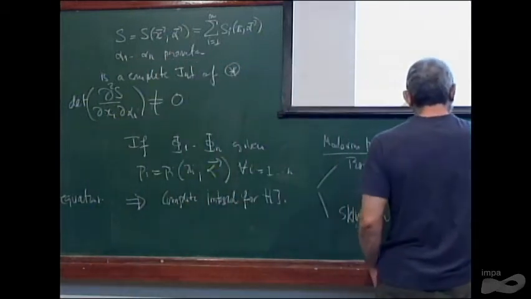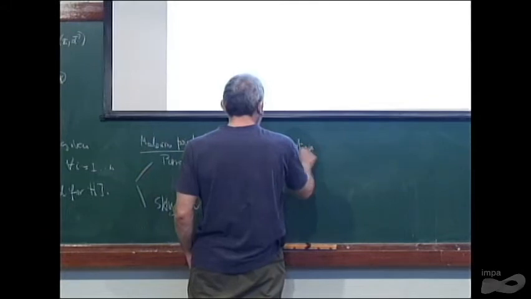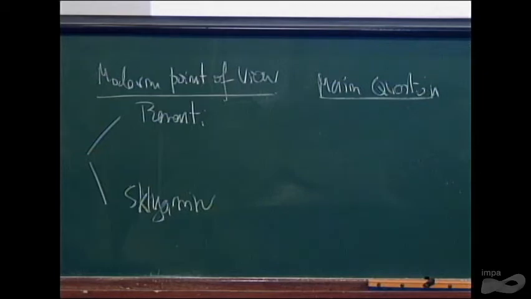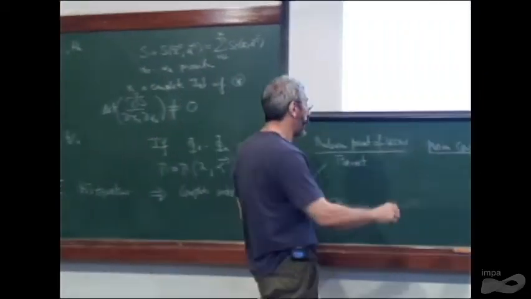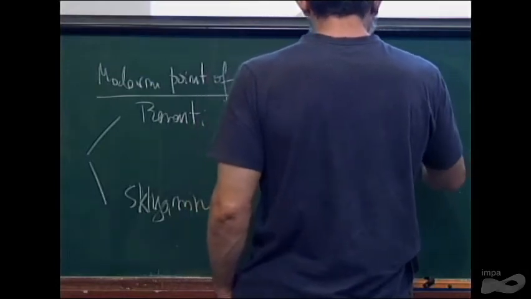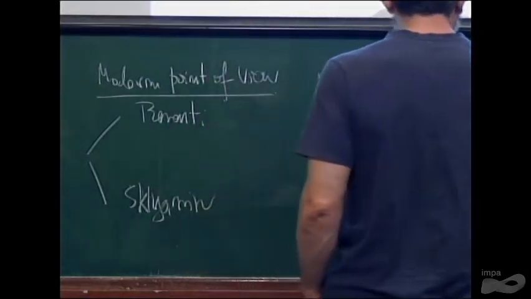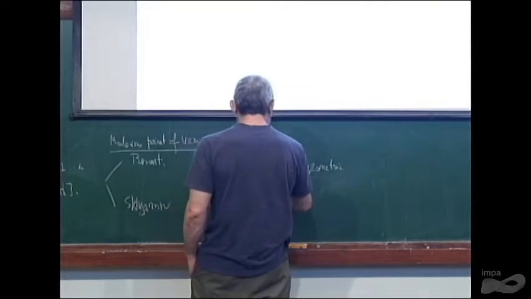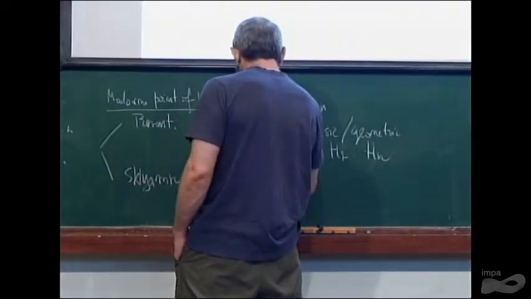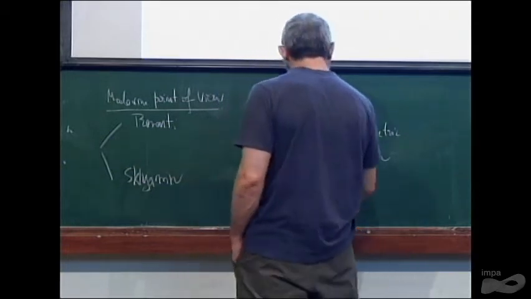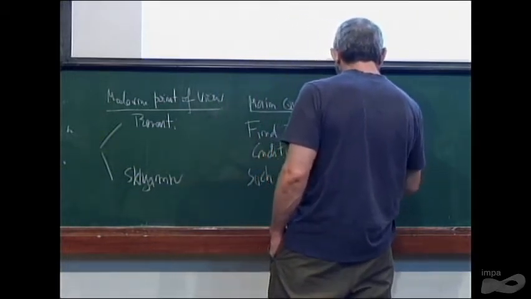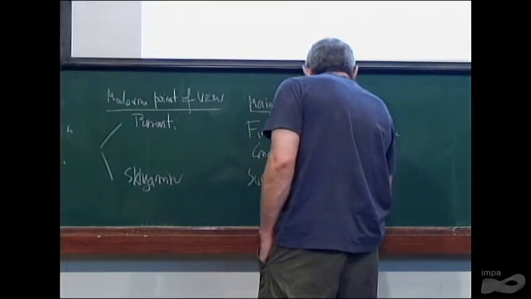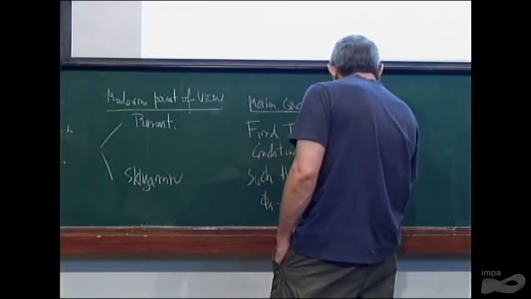The main question here is to give intrinsic conditions on H_1, ..., H_n such that we can find phi_1, ..., phi_n with the condition of non-degeneracy.